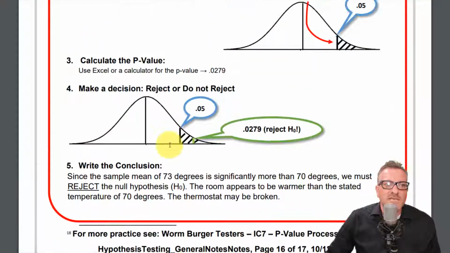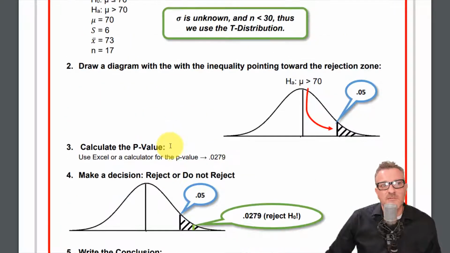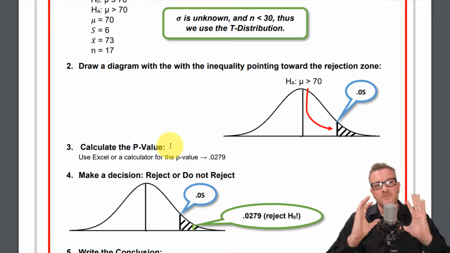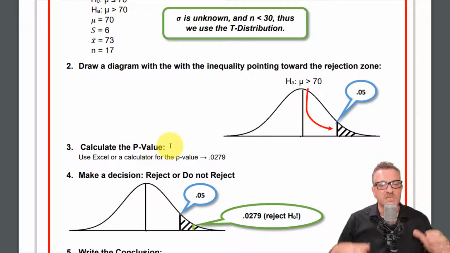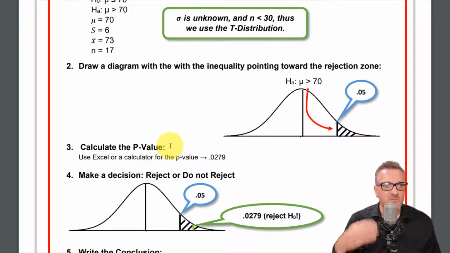So these are examples on how this works with the p value process and the rejection zone value process. The big thing is you have to work these things out. I do have more videos on how this works with the calculator, and I highly recommend you take a look at that.